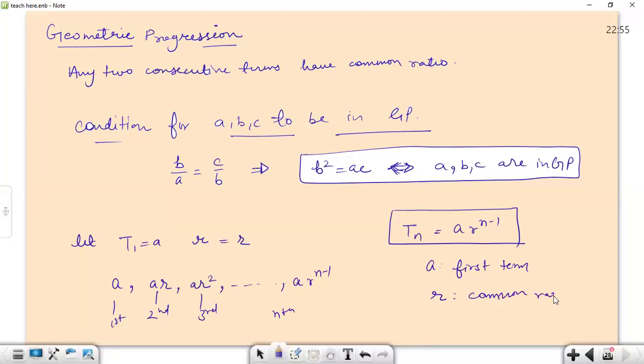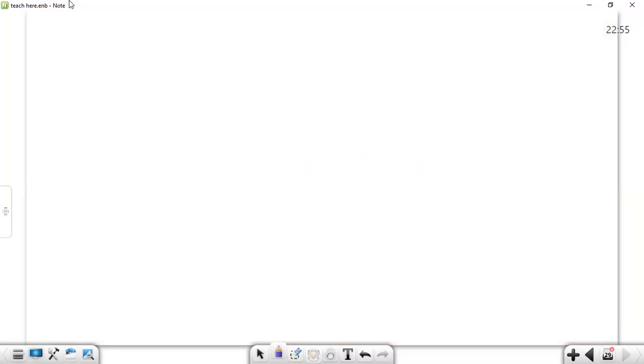Clear? Any doubts about the general term of GP, the nth term? Any doubts, anyone?